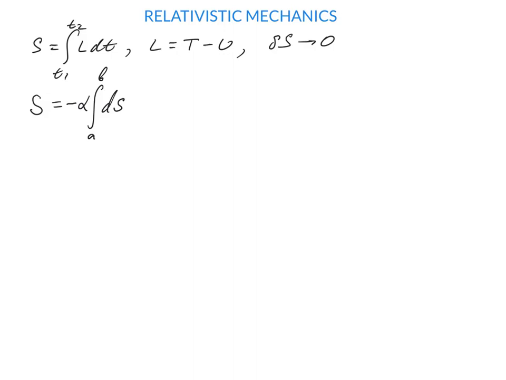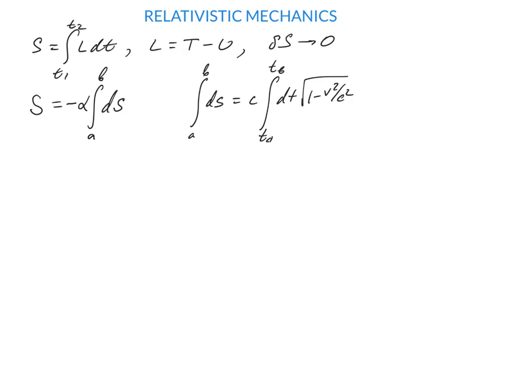Now, why negative? Well, recall that if we have a body that moves from world point A to point B, ds is c d tau, so we can rewrite this as the integral of dt square root of 1 minus v squared over c squared from ta to tb.